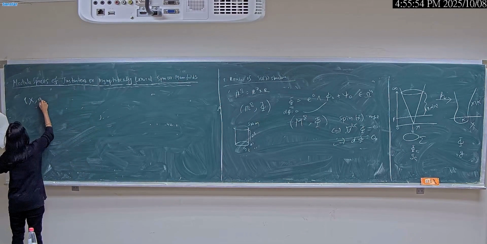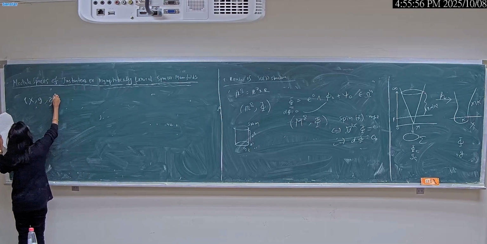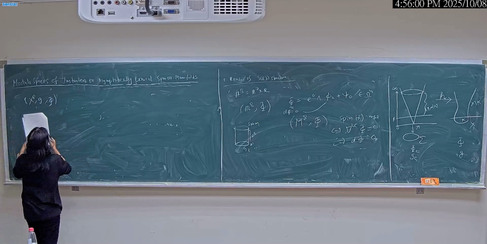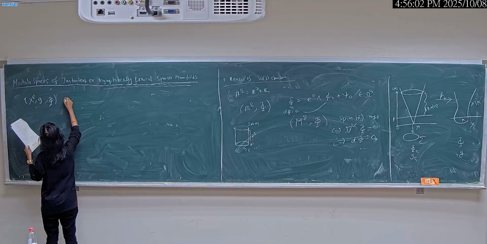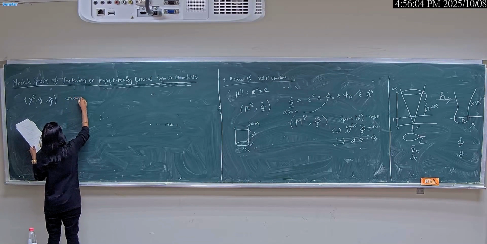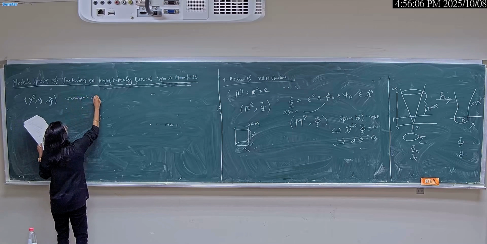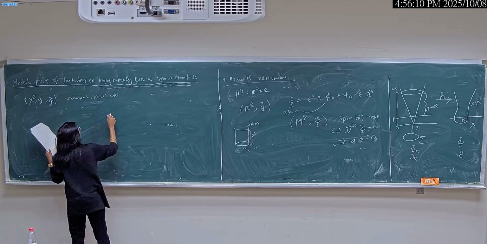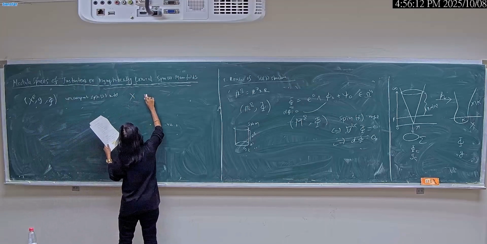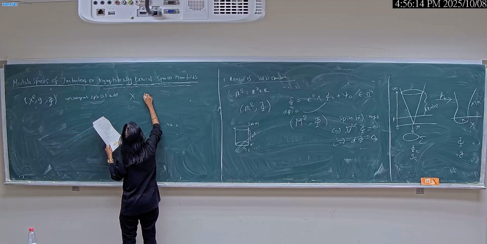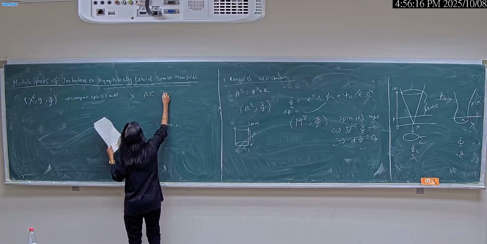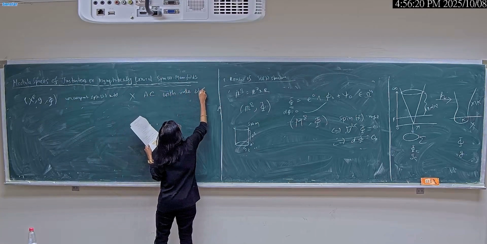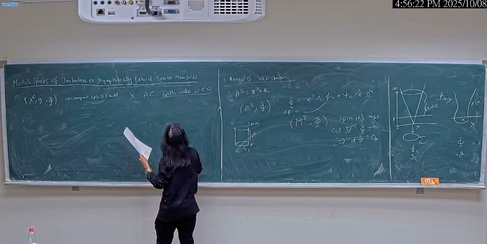I start with an 8-dimensional non-compact Spin 7 manifold. I'll call X asymptotically conical with rate mu less than 0. This is very important.